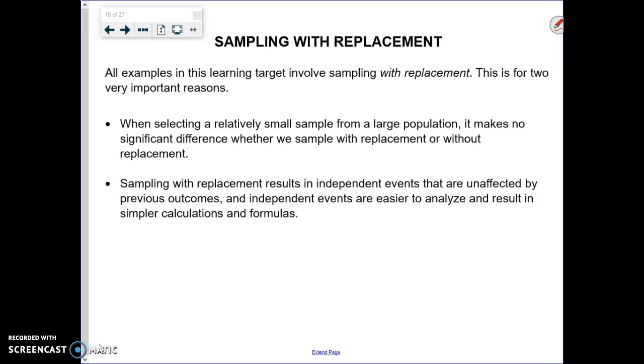So it's basically going to be the same. Secondly, when we calculate and analyze the data, it's going to be easier assuming that we're using independent events. So again, we're going to assume independence. We're going to sample with replacement because the differences between the two ways are very minute, and it's easier to calculate when you do have independence.